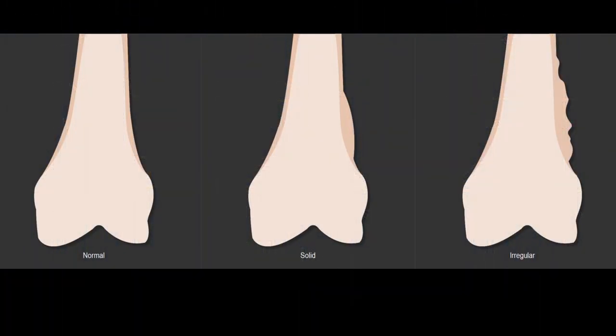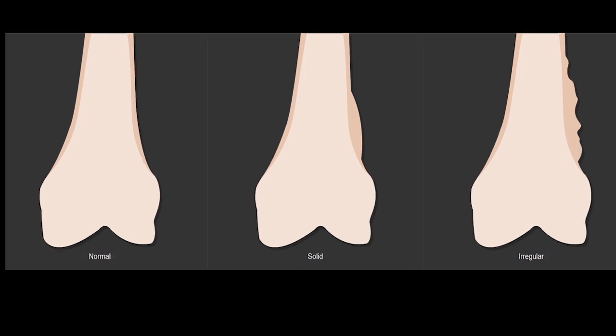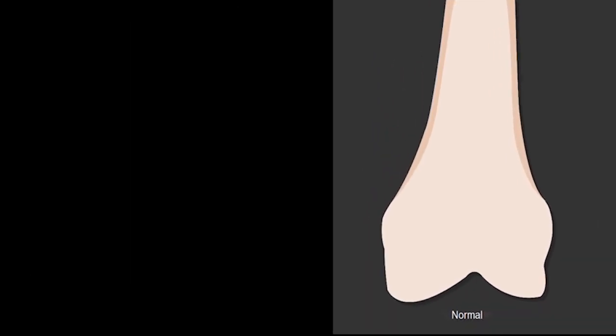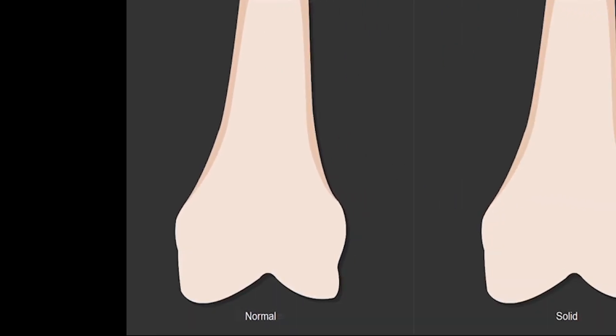Now, these are also some other types of schematic periosteal reaction on a bone that give us a very good concept. Just take a very quick look at these reactions. So this is normal periosteum. Here is a solid periosteal reaction.